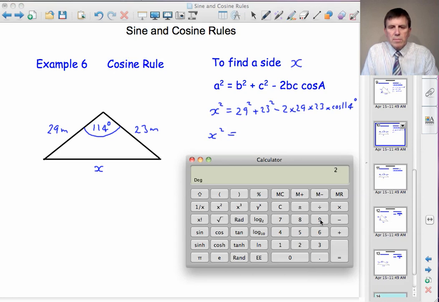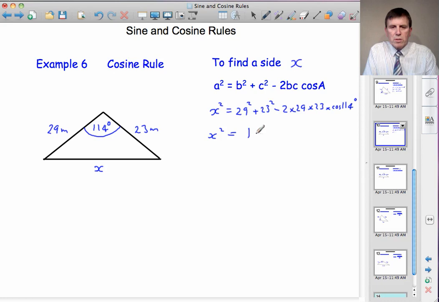29 squared plus 23 squared minus 2 times 29 times 23 times the cosine of 114 is equal to 1912.6.